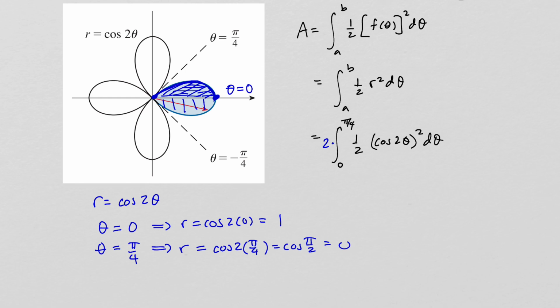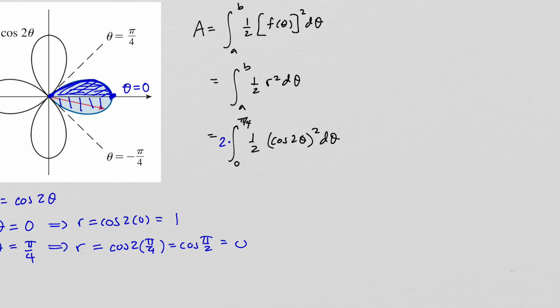So when you have symmetry, I would advise using that symmetry. Now it is true that this point down here corresponds to theta equals negative pi over 4. And so you can integrate from negative pi over 4 to positive pi over 4, and then you would not have to multiply by 2. But I like using symmetry because it is really nice to have one of your limits of integration be 0.